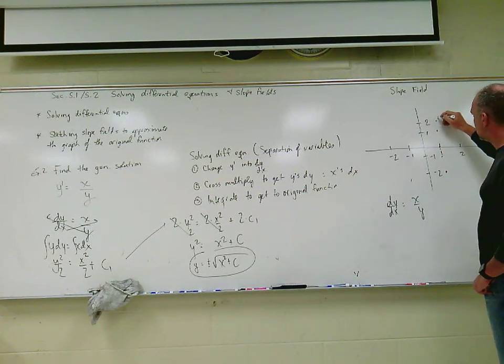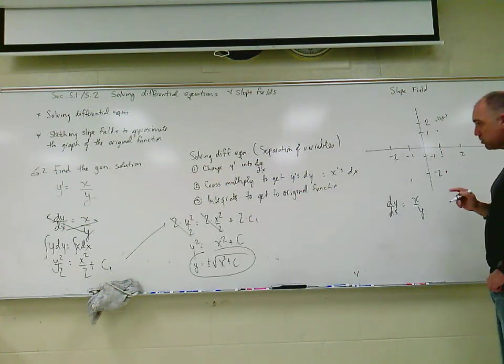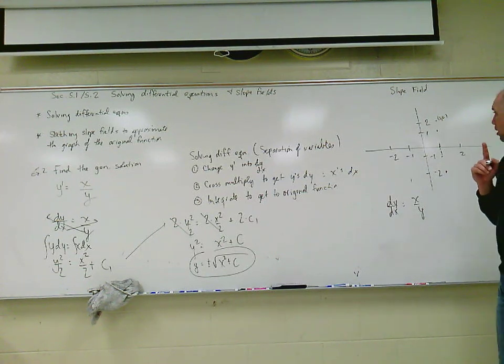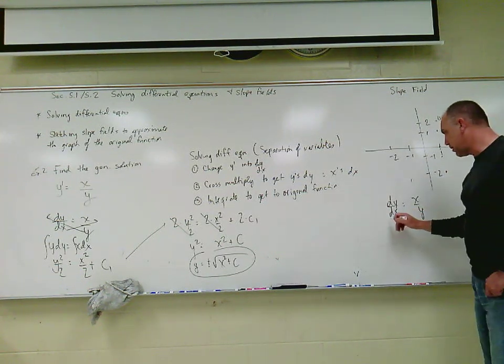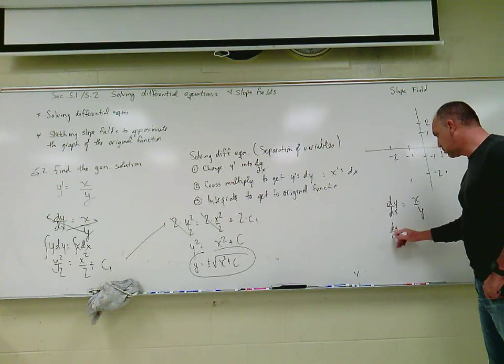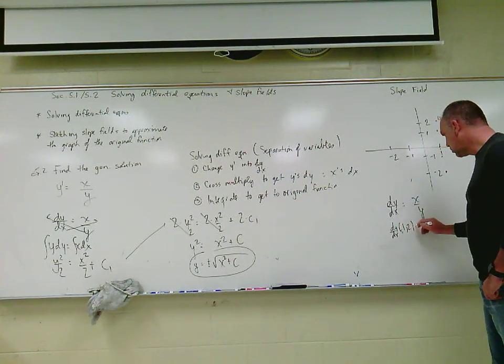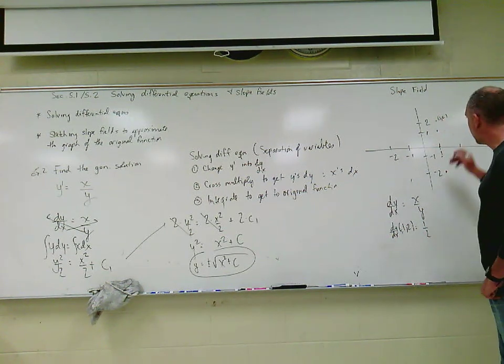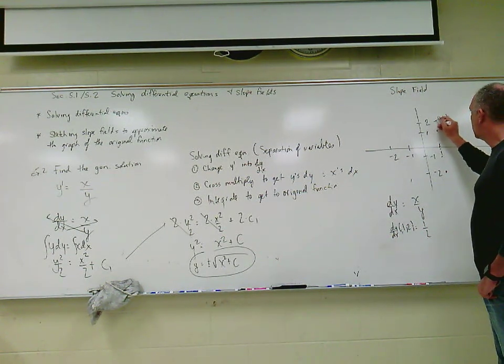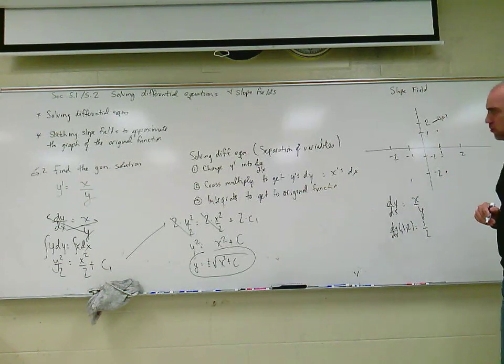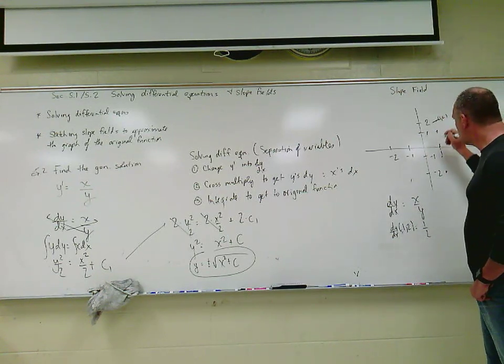So for instance, this is the point 1, 2, which means I'm going to plug a 1 in for x and a 2 in for y. So if I want to get the slope at the point 1, 2, well, x is 1, y is 2, I get a half. So now I've got to make a little line segment of a slope of a half. 1, 1 right here, right?